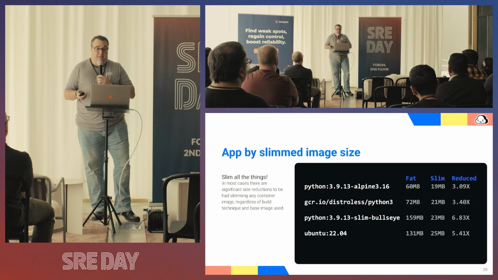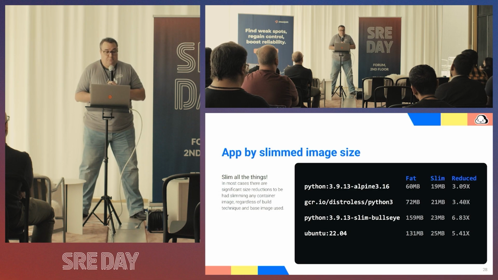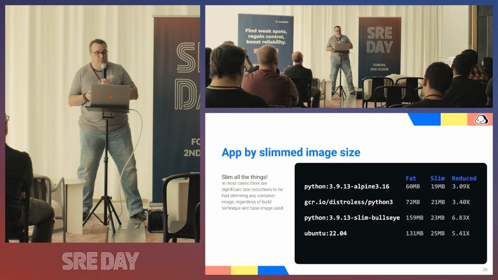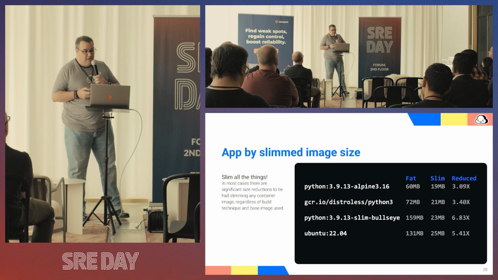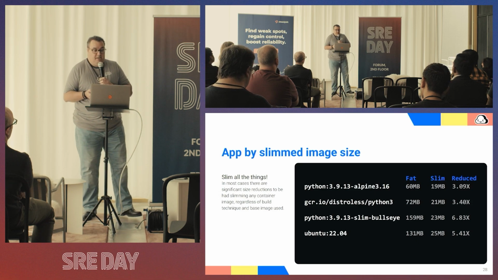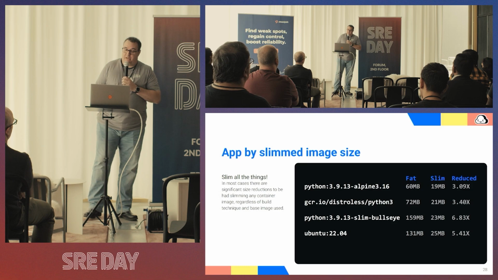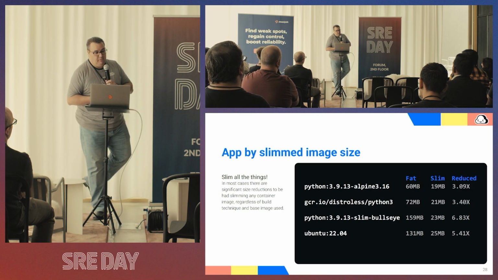And we typically see 10 to 30 times size reductions for complex applications. And our slim Ubuntu-based image is now just 6 megabytes larger than the slimmed Alpine image, but with none of the compatibility concerns, and it's 35 megabytes smaller than the unoptimized Alpine image.